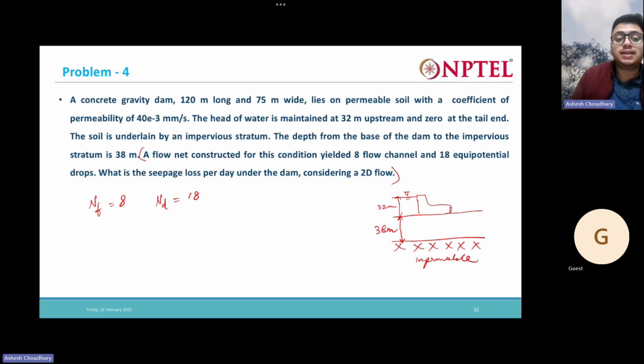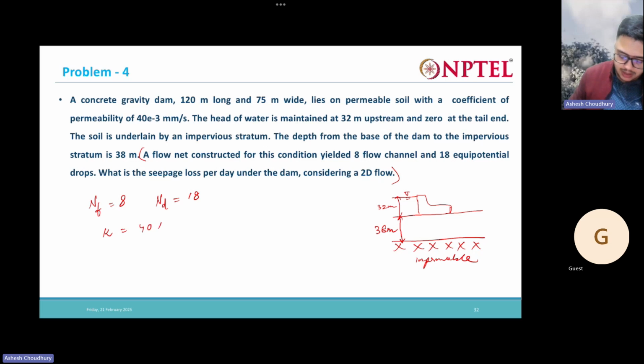Take the help of the internet, standard books, or the class notes, and construct the flow net by yourself. Then calculate the flow and check whether you are getting the same amount of flow. Here the values of 8 flow channels and 18 equipotential drops are given directly, but do this once by hand and check whether you get the same flow net.